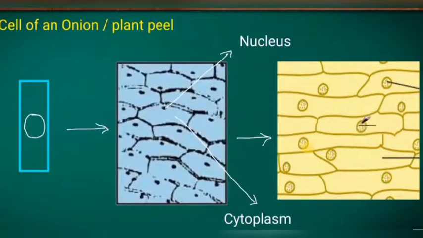This is the nucleus, and this border is known as the cell wall. Between the nucleus and the cell wall, it is known as the cytoplasm. And this dark border is known as the cell wall.